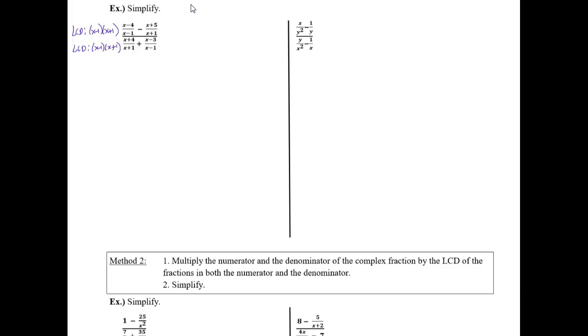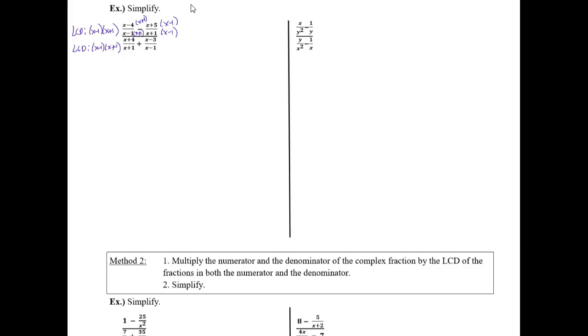So I have to multiply by x plus 1 and x plus 1. Whatever I do to the numerator, same thing the denominator. Now the second fraction has the x plus 1. It doesn't have the x minus 1. I'm going to do the same thing there, numerator and denominator.